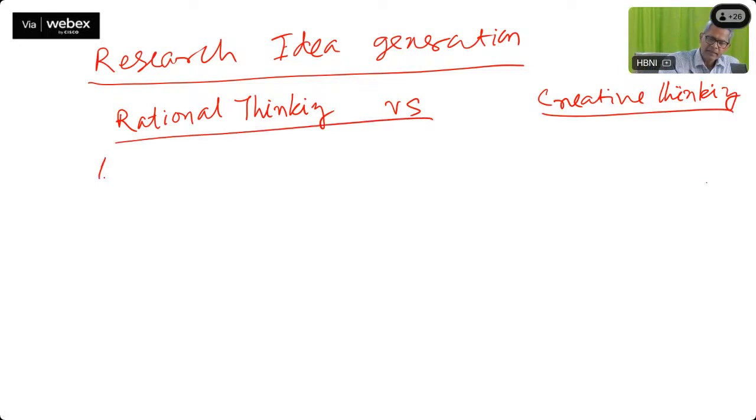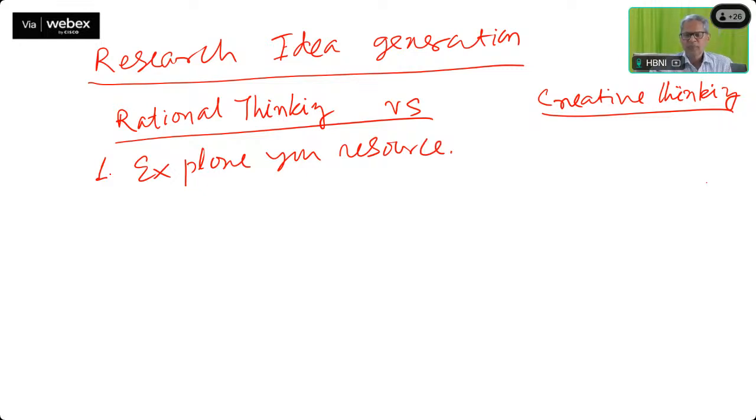What is rational thinking? Explore your resources. That means suppose you are in touch with some professor, or you have done some project work. There also you can get ideas.